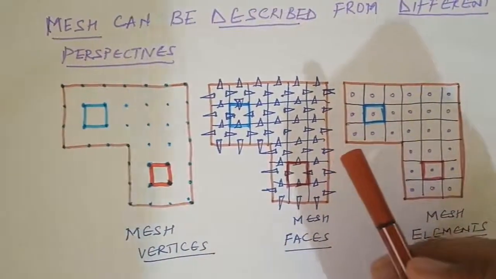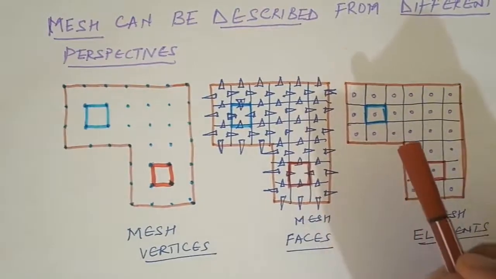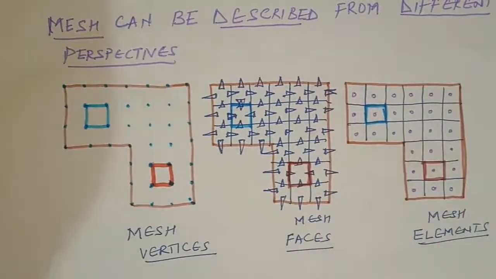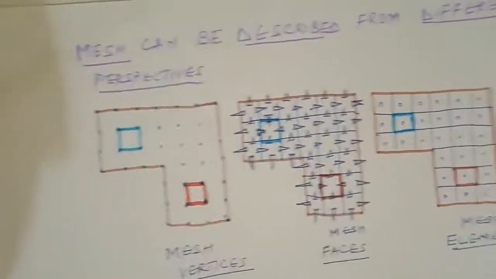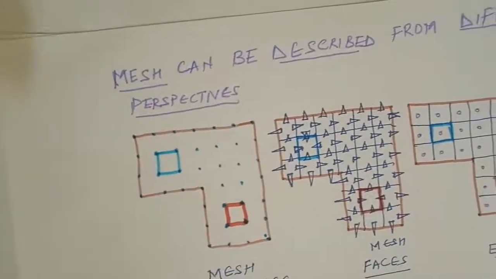This is essentially required to understand the three basic discretization methods, namely finite difference method, finite volume method, and finite element method. Now we'll move to discretization of equations, with which you are a little bit more conversant.